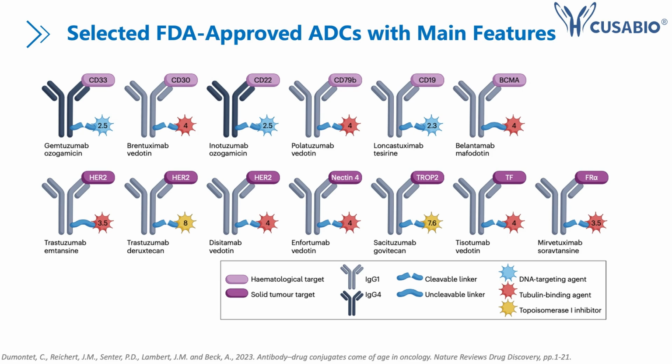And another thing is the number. Did you see the number here? This is the DAR value. The DAR value is a key property used to measure the quality of ADC, because it can significantly affect the ADC efficacy.